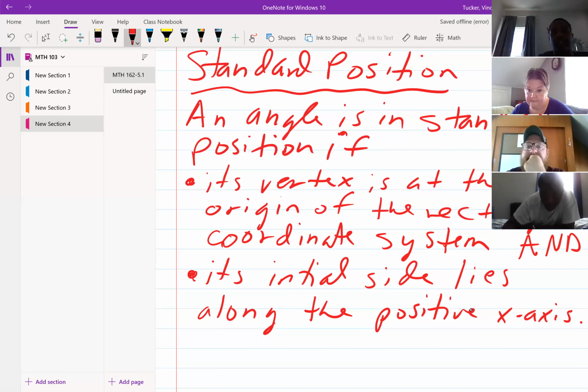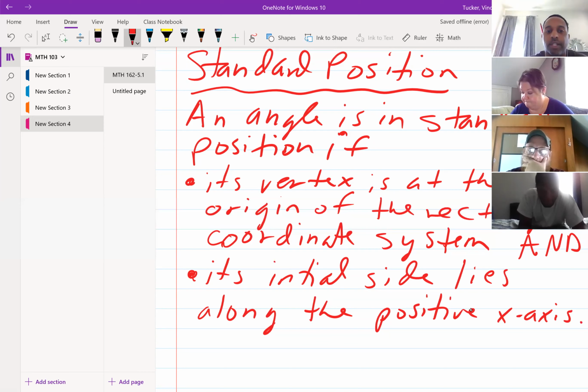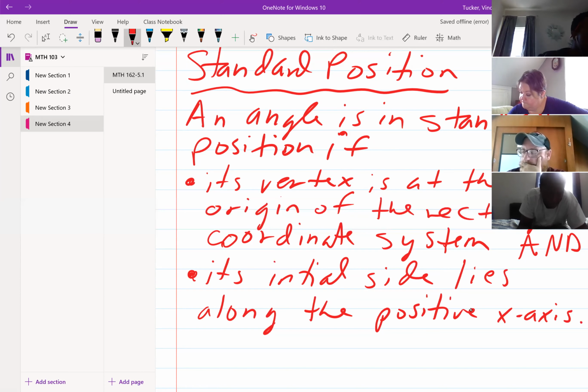An angle is in standard position if the vertex is at the origin of the rectangular coordinate system and its initial side lies along the positive x-axis.